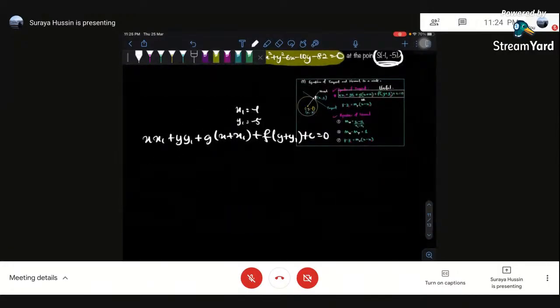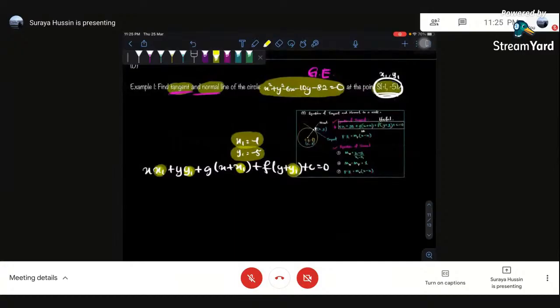Jadi tugas kita memasukkan x1 dan y1 ni. Remember, x1 dan y1 is focusing at the point that is given to you. Sebab dia yang kata find the normal line of the circle.